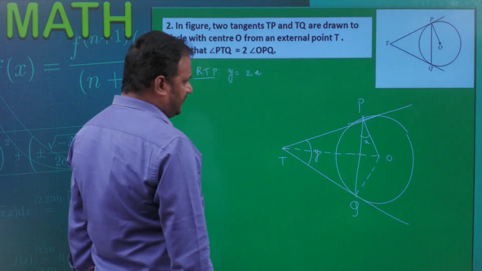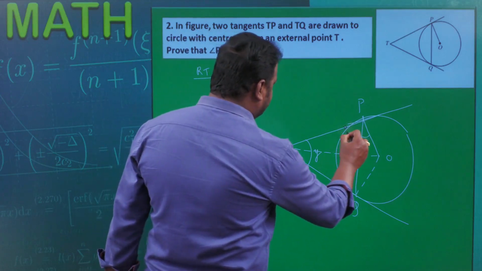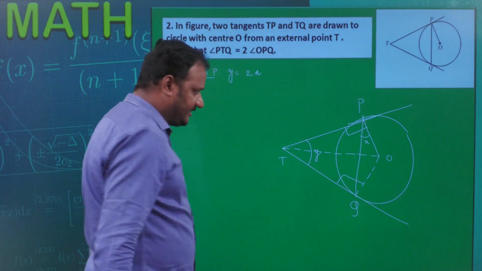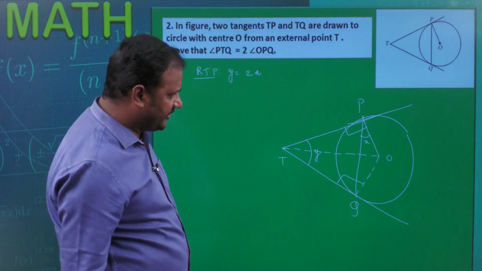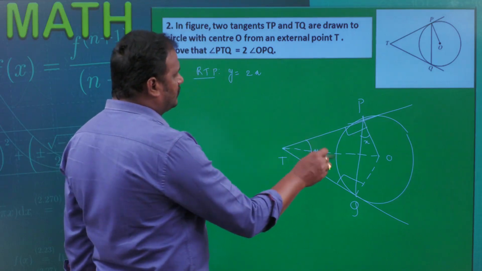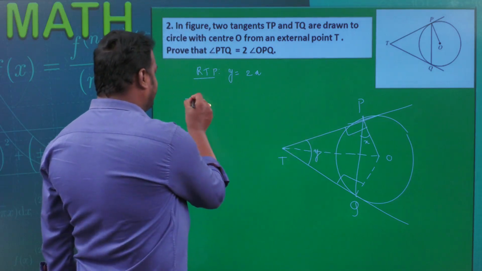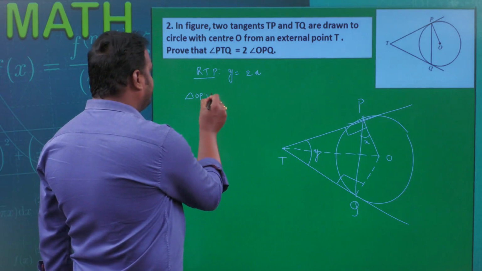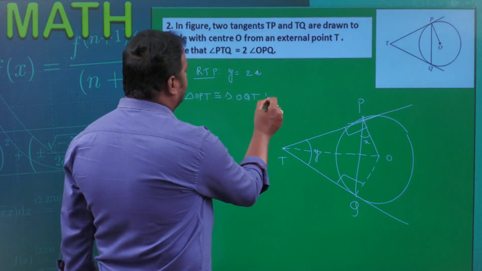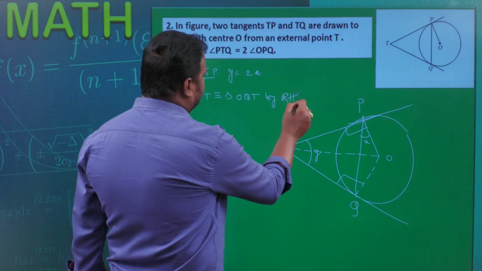Again by RHS congruence, because this is a right angle, this is a right angle, radius is perpendicular to the tangent through the point of contact, so triangle OPT and OQT are congruent. Triangle OPT is congruent to triangle OQT by RHS congruence.